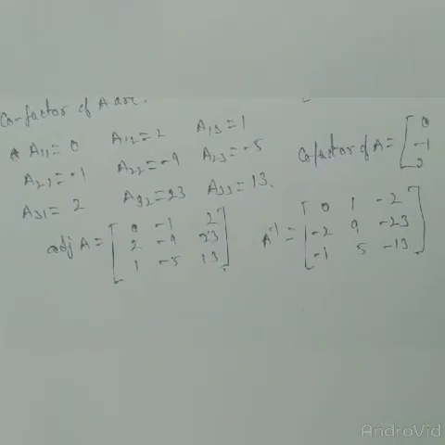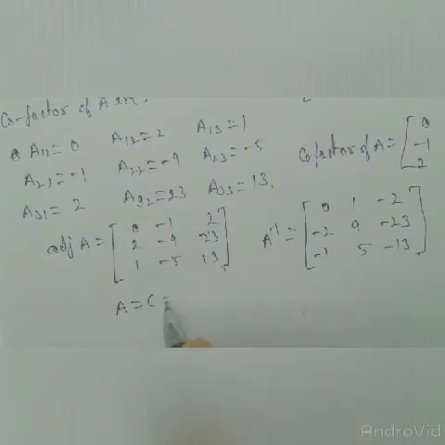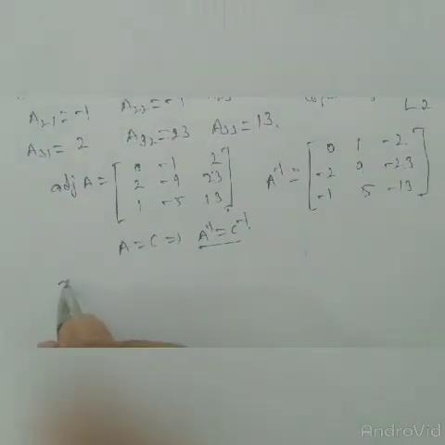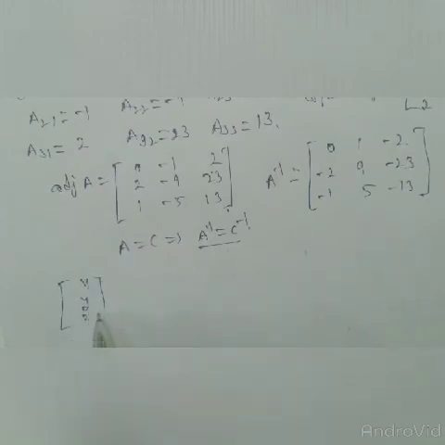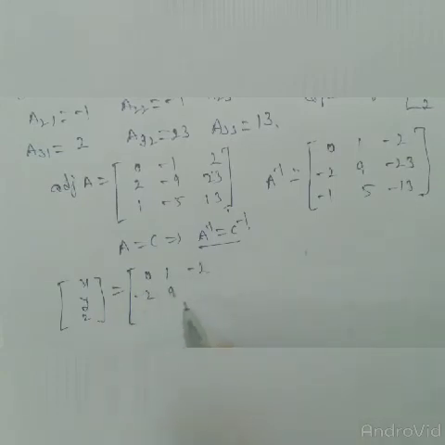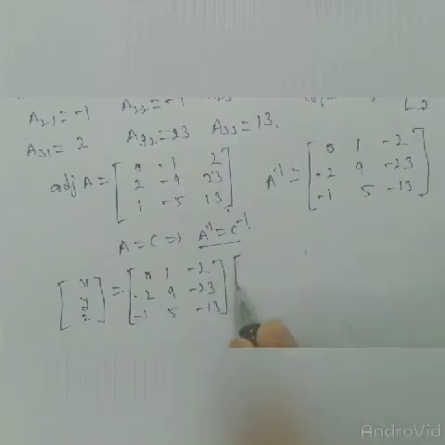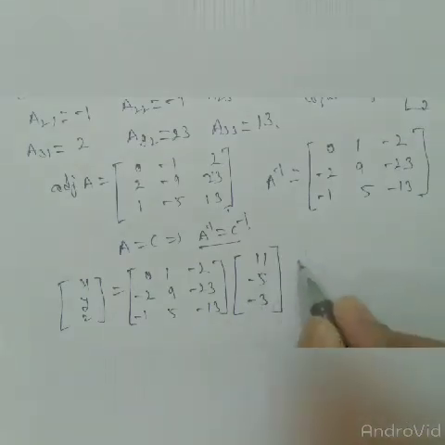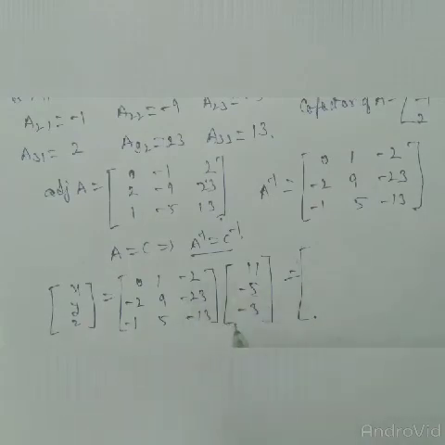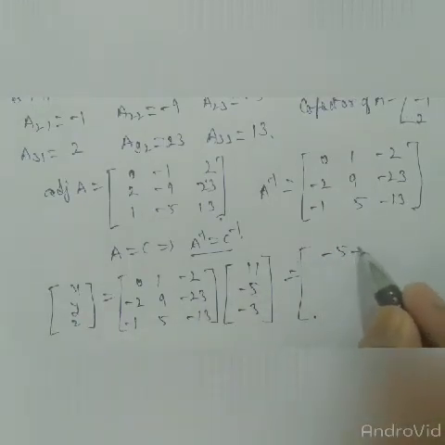From this system of equations, we observe that A equals C. That implies A inverse equals C inverse. So we can use this A inverse directly in the system of equations. X, Y, Z equals C inverse, which is 0, 1, minus 2, minus 2, 9, minus 23, minus 1, 5, minus 13, times B, which is 11, minus 5, minus 3. Multiplying the first row, minus 5 plus 6.